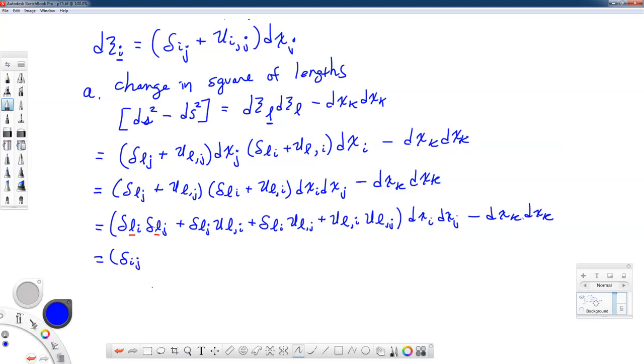And you see I replace the L right here with this I. On this next term, we have Kronecker delta Lj. So I'm going to write this as U, j, comma I. This third term, U, I, comma j. There's no Kronecker delta in this term, so I have to keep that Ul, comma I, Ul, comma j. Then we have the dxi, dxj, then minus dxk, dxk.